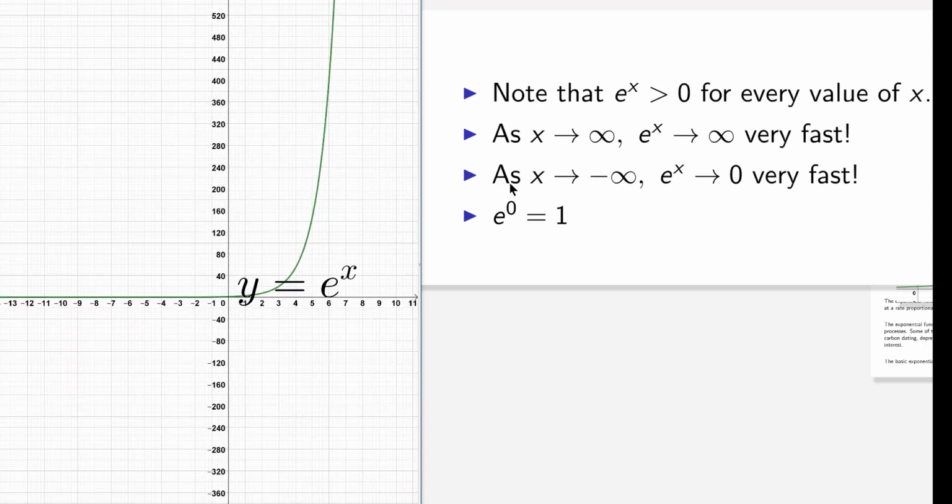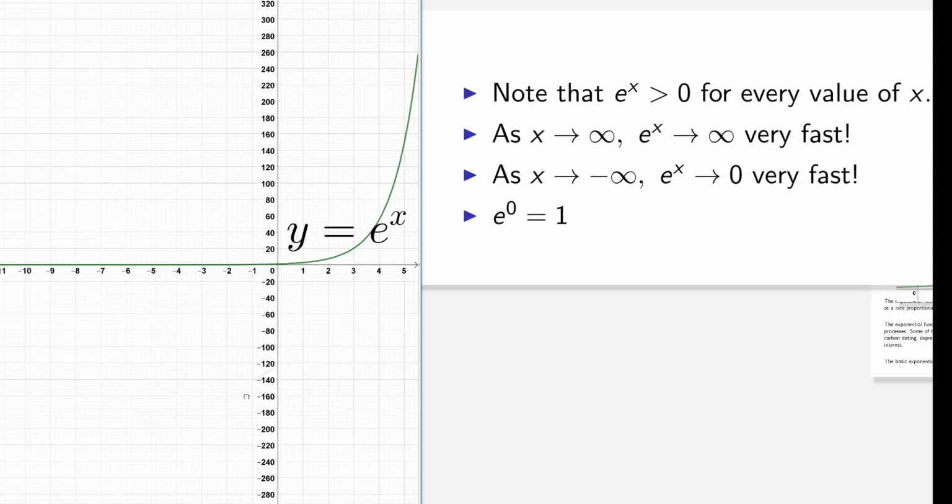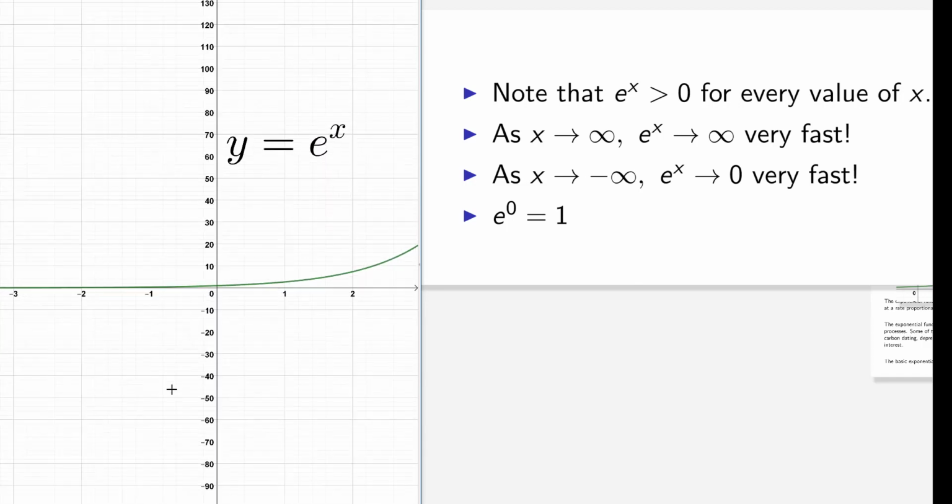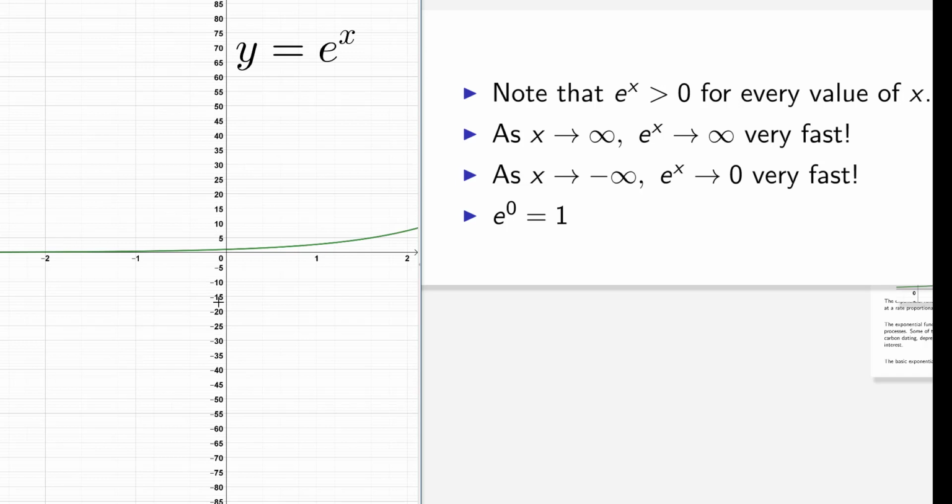Then the next property: as x approaches minus infinity, the exponential function approaches 0. It approaches 0, but it will always be greater than 0. It gets very close to 0, as you can see here. As you go through negative values of x, if we zoom in here, we can see that the exponential function itself gets close to 0, but it never actually touches 0.